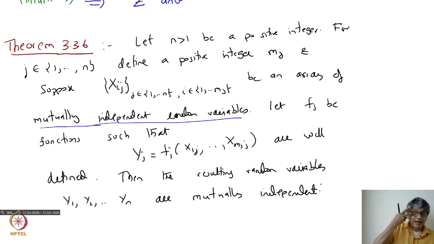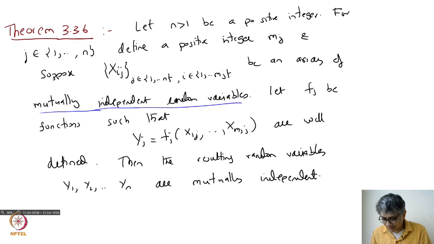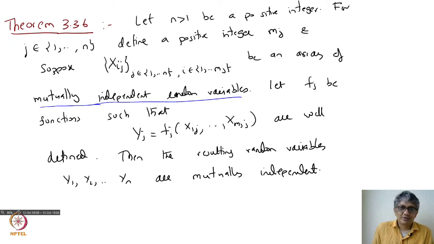So this is a general fact about random variables. If you have an array, and separate functions acting on disjoint parts of the array, then the resulting sequence is also mutually independent.